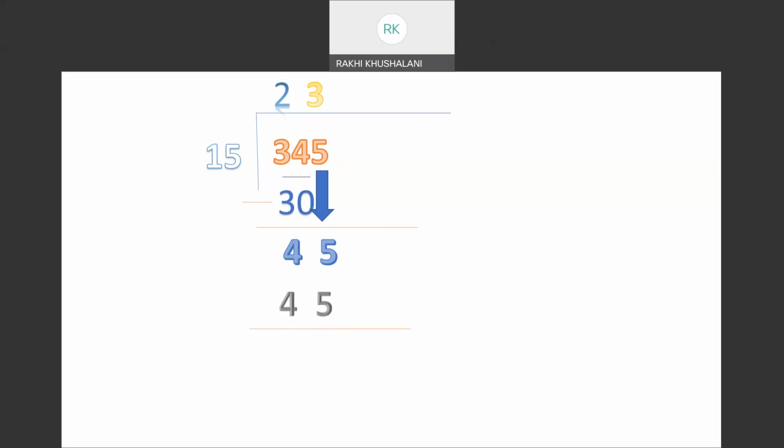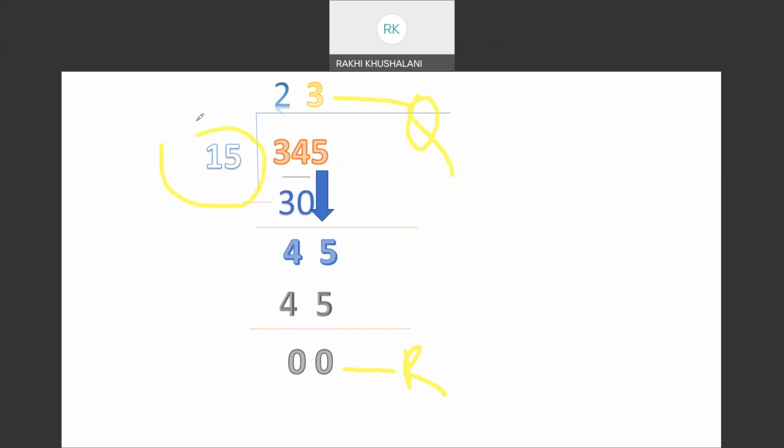Okay. Do the subtraction and you get 0. Do you have anything to bring down? No. So my division stops here, and this becomes my remainder. This becomes my quotient.